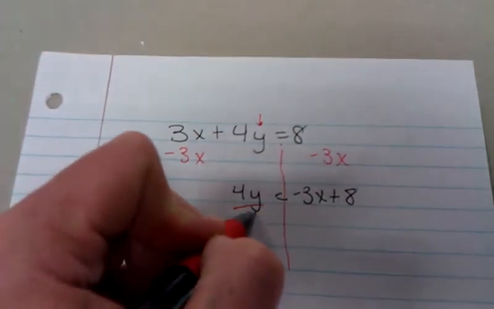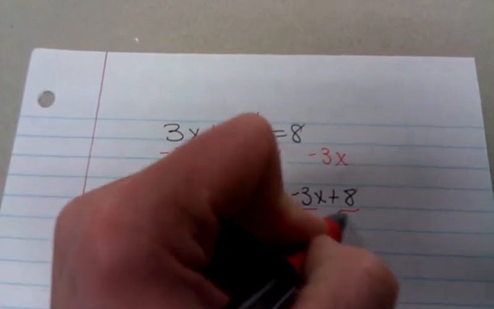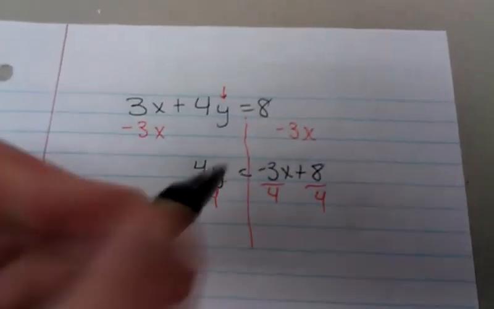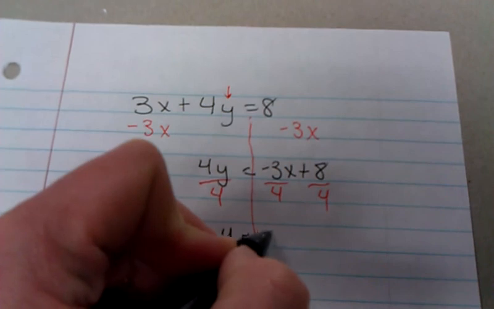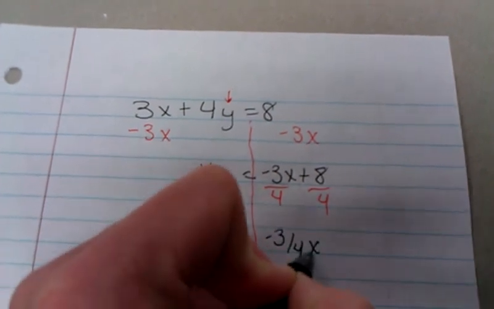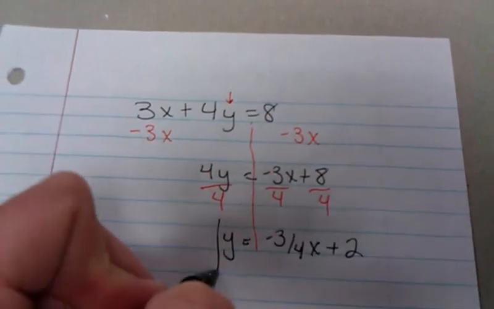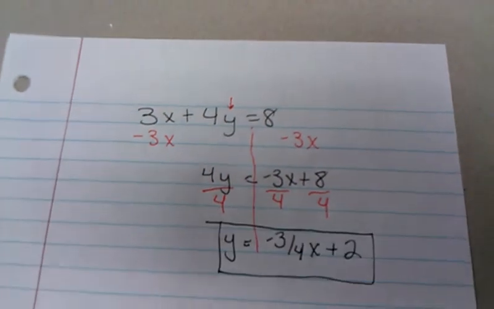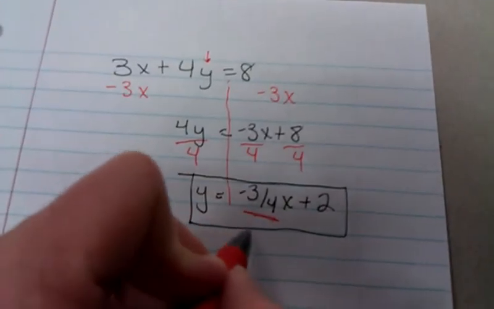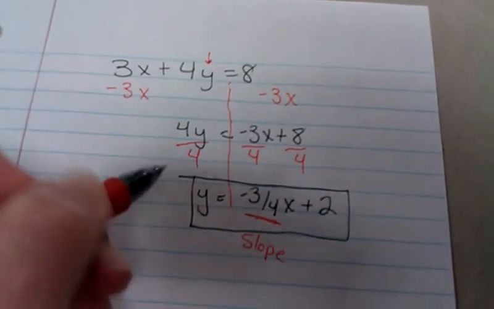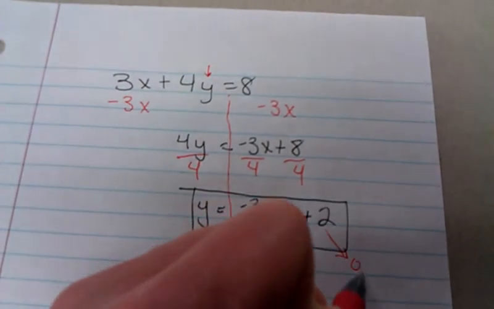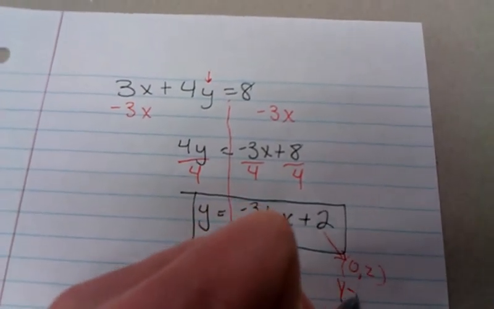I'm going to divide by 4. And I get y equals negative 3/4 x plus 2. My slope and 0, 2 is my y-intercept.